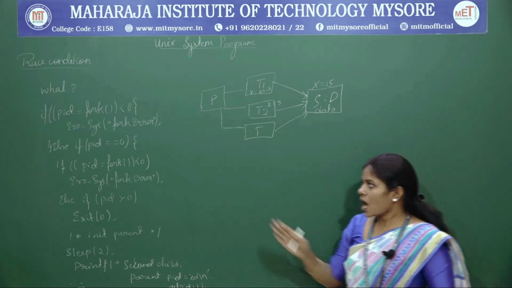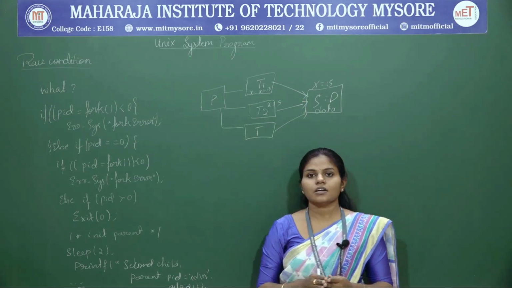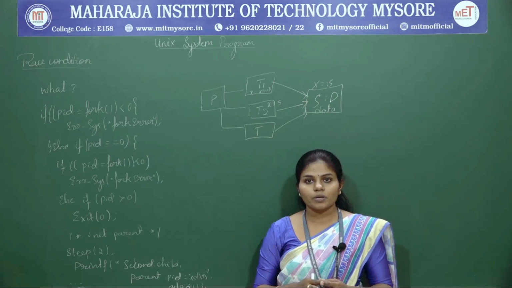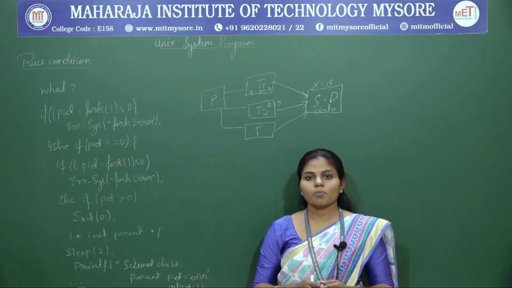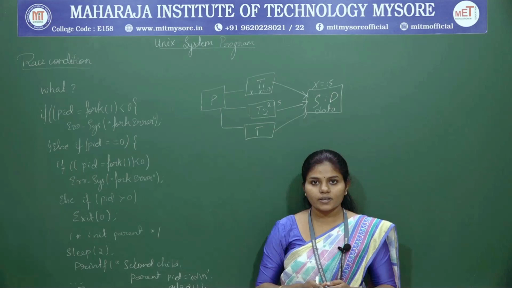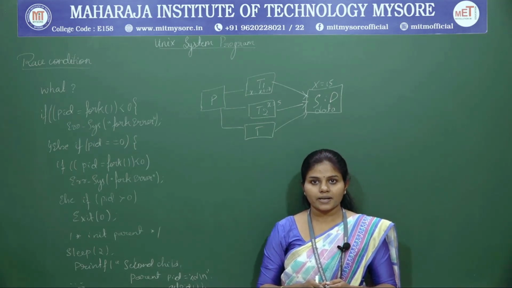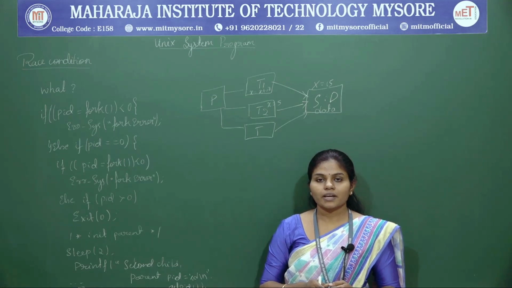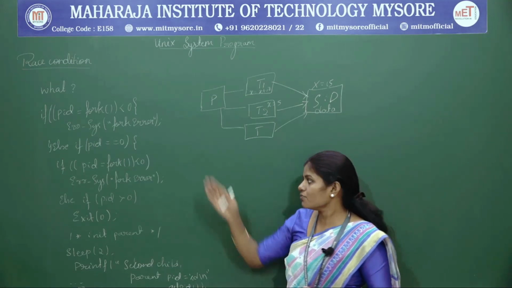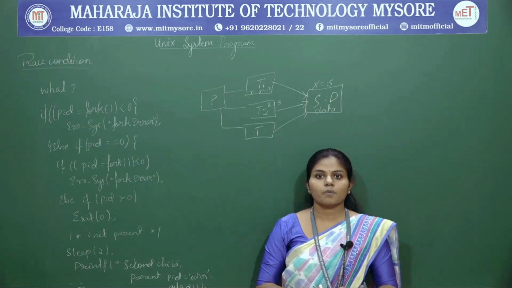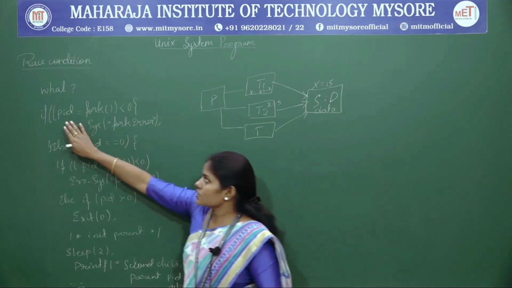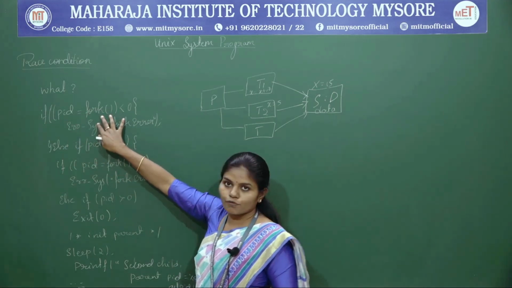Now, in the last example we saw how to avoid the zombie process, right? The zombie process is avoided by using the fork command. Let me explain what problem we come across with this program. See here, we start with PID = fork.